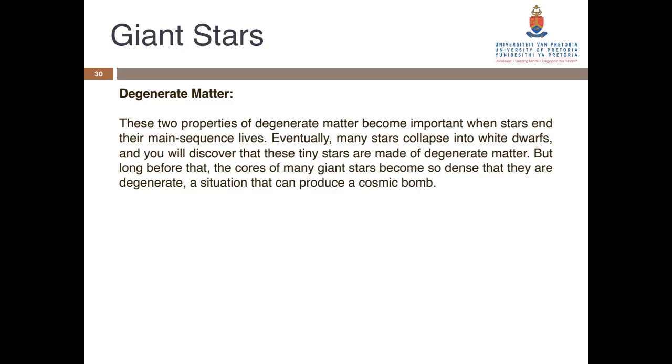So what that means is when we start fusing elements, when we have all our hydrogen fused, it creates helium. The helium is a form of degenerate matter. Now you have the helium pushing downwards, we have contraction of the star, and that contraction causes your helium to fuse into carbon, and you overcome the degenerate matter, but then the carbon becomes degenerate matter.